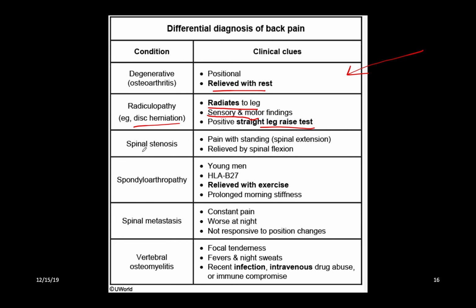Spinal stenosis, this is our patient who is the grocery cart old man, right? So he has pain on standing, but it's relieved by spinal flexion. So when he's standing and he has his hands on the grocery cart and he's kind of bracing himself on that grocery cart, that makes the pain go away.